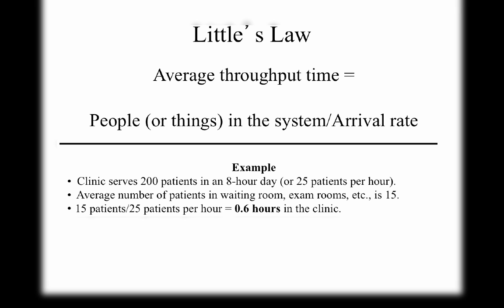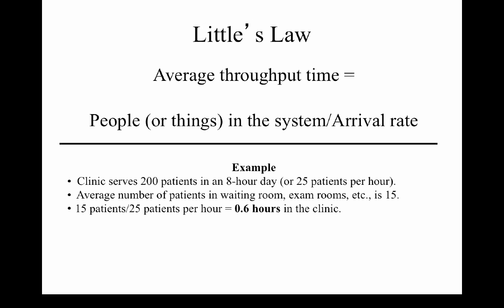The average number in the system, which includes your waiting room, your exam rooms, etc., is 15. So you use the equation from up top, and it becomes a very simple calculation. 0.6 hours is the average time every patient spends in your clinic. That's what the average throughput time tells you.